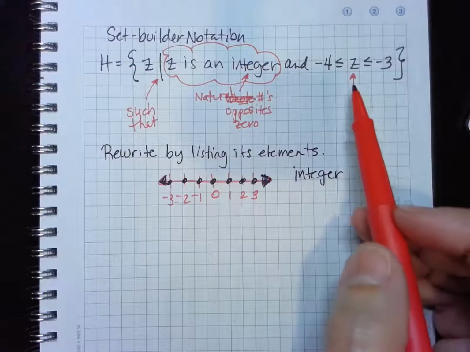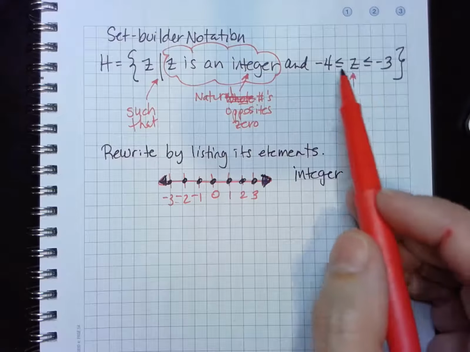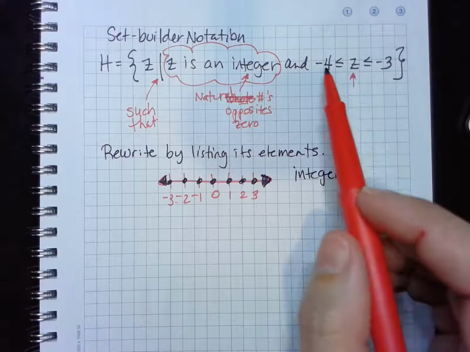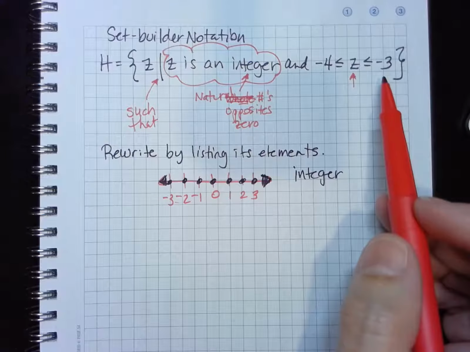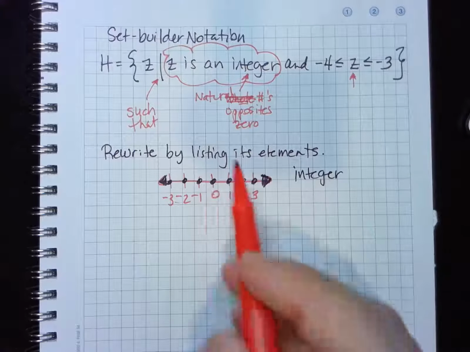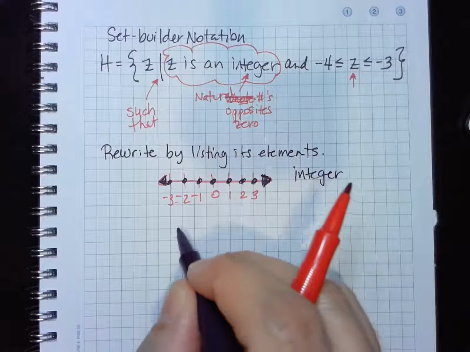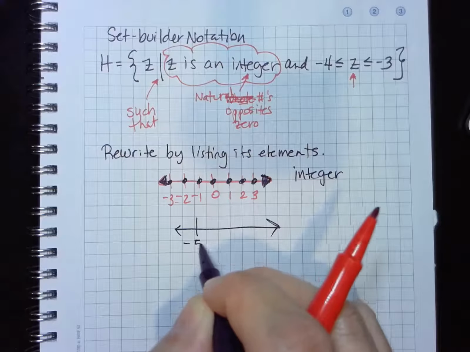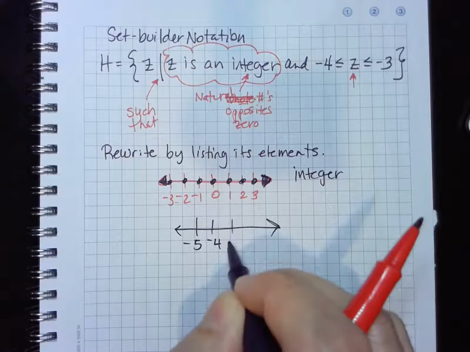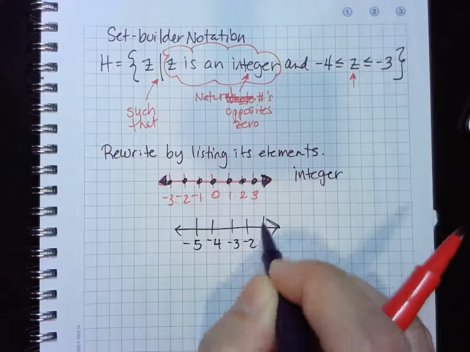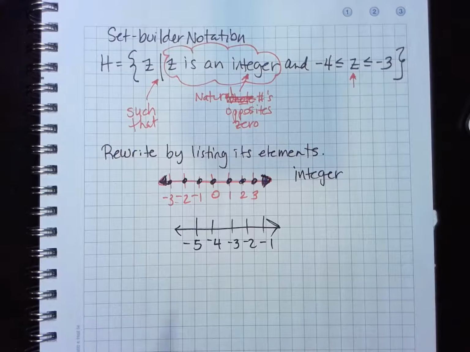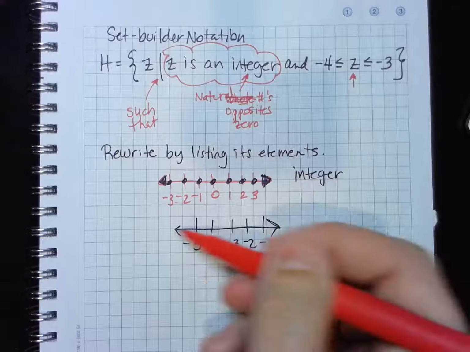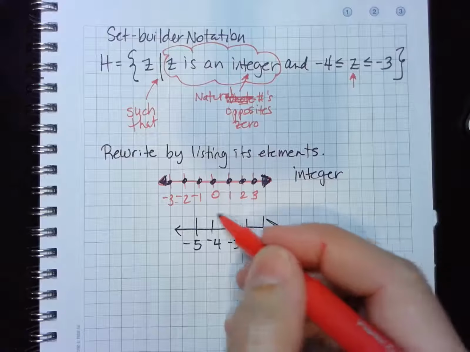Your second condition is that it has to be between or equal to, see the equal to's, -4 and -3. So if I think about that, I'm going to take that little snippet of the number line. Okay, so here's -5, here's -4, here's -3, -2, -1. So this is saying z is less than or equal to -3. That means it's going to the left, so it's going this way.